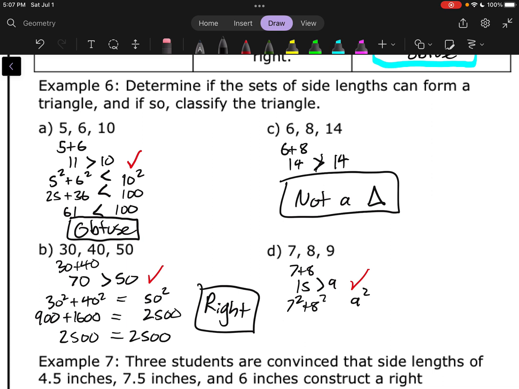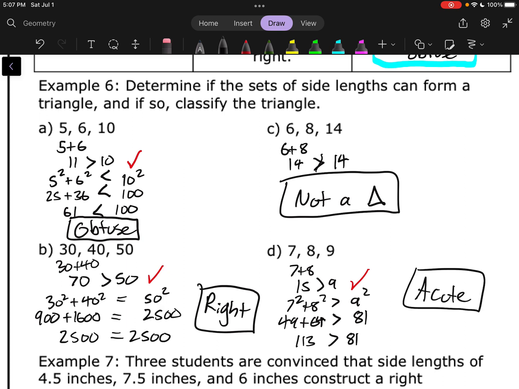Compare that to 9 squared. That's 49 plus 64 compared to 81. 49 and 64 is 113. 113 is greater than 81. So if a squared plus b squared is bigger than c squared, that was an acute triangle.